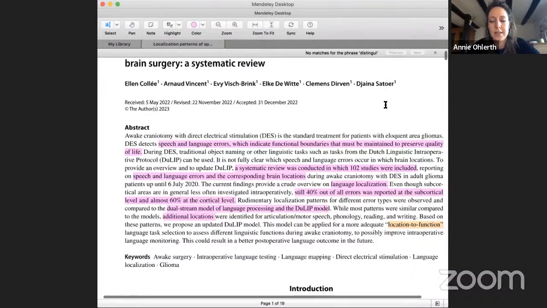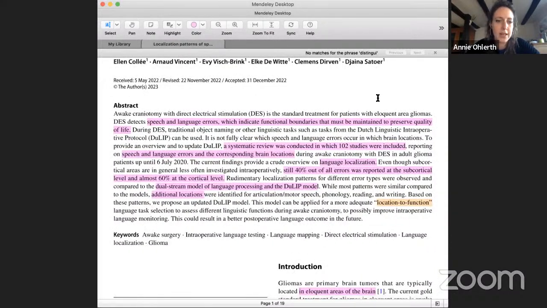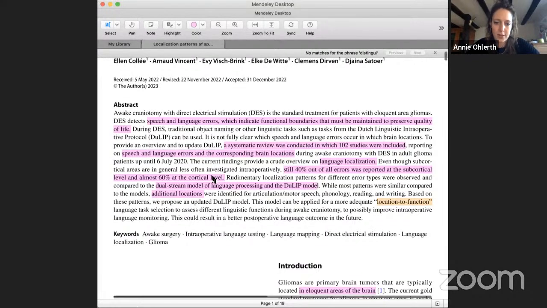One of their biggest achievements, so to say, is the DuLIP, that is the Dutch Linguistic Intraoperative Protocol. If you're interested in that, it's this whole paper on its own. I'll come to it in a little bit, but it is a guideline that is used across the Netherlands to guide intraoperative task selection.